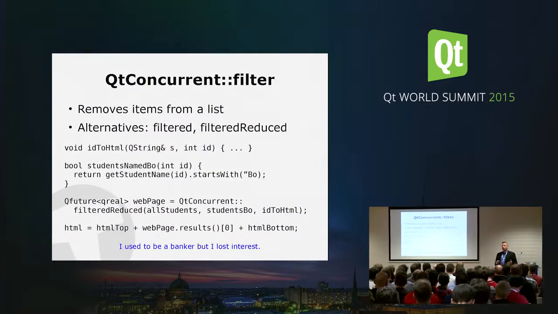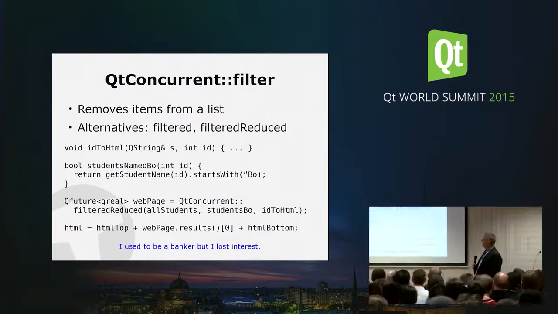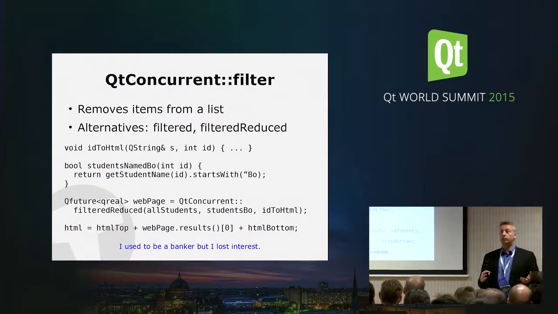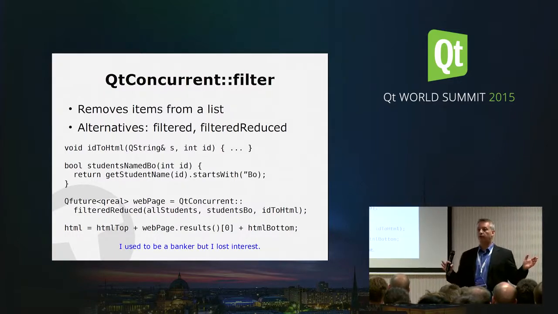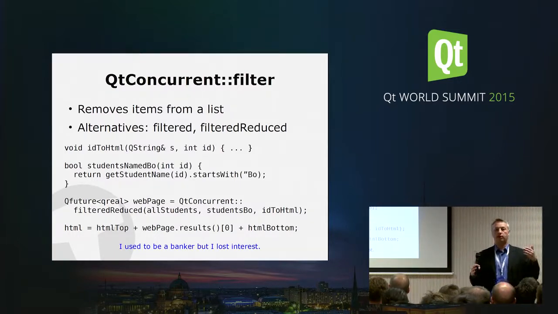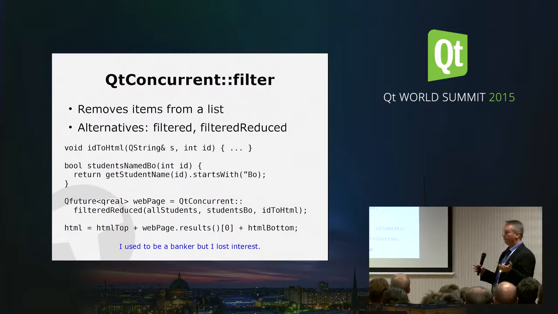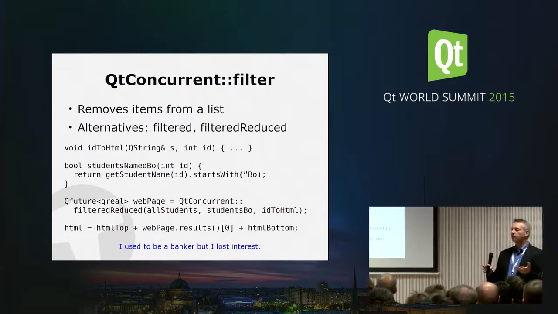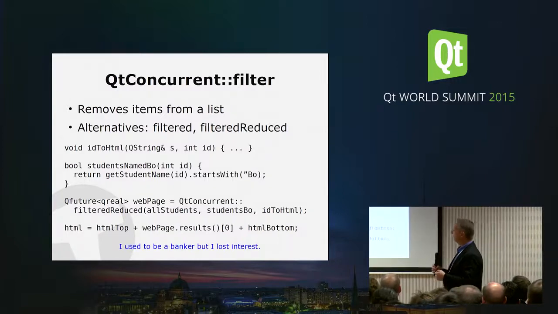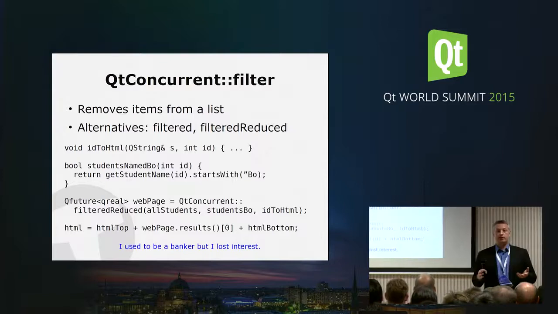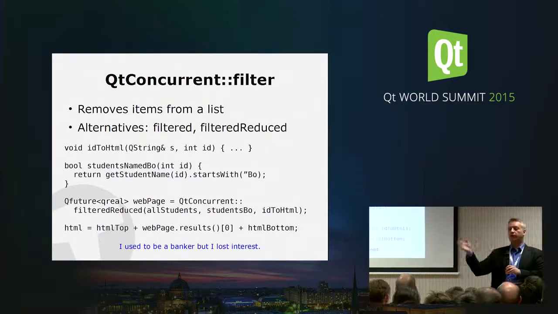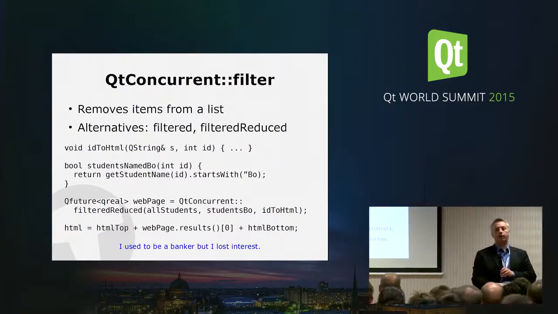Filter is a very simple concept. You have a long list of strings, and now you want to get rid of the strings that do not have my name in them, which is not an unreasonable thing to do. So the idea again is that each of these objects are called in separate threads.